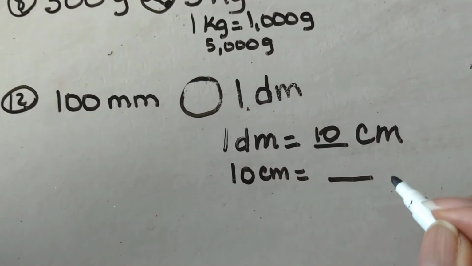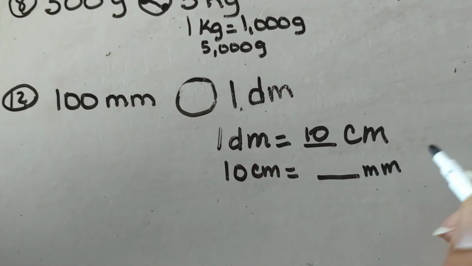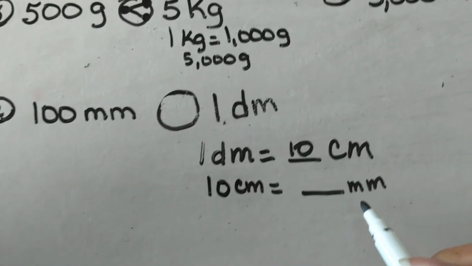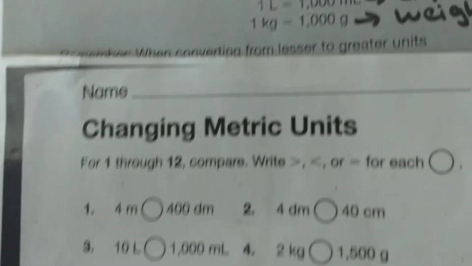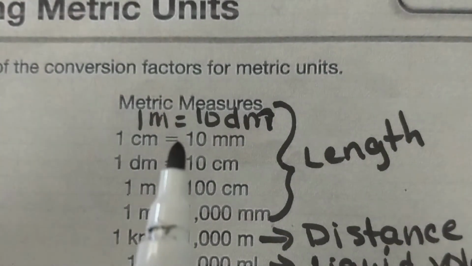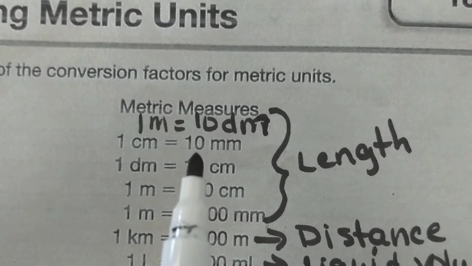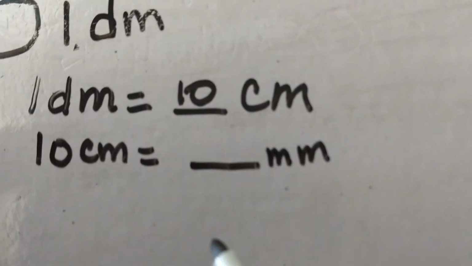This is problem number 12. So centimeters to millimeters. Let's go back up to our chart. Centimeters to millimeters. And how many do we see here? 10, right? Okay, so back down to our board here.